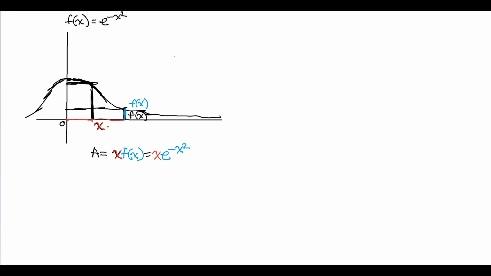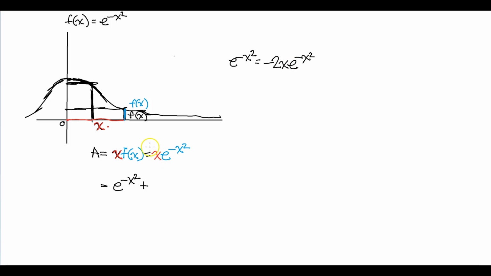Now, we just need to use the product rule. So we have f prime g plus f g prime. What is g prime? We take the derivative of e to the negative x squared, we get negative 2x e to the negative x squared.